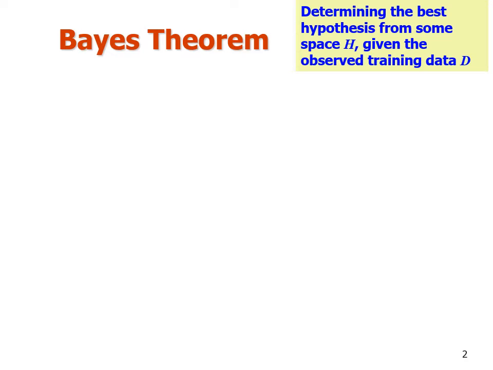So Bayes' theorem allows us to calculate the probability of hypothesis H given training data D. So let us try to write the Bayes' theorem now in terms of hypothesis and the training data set D.